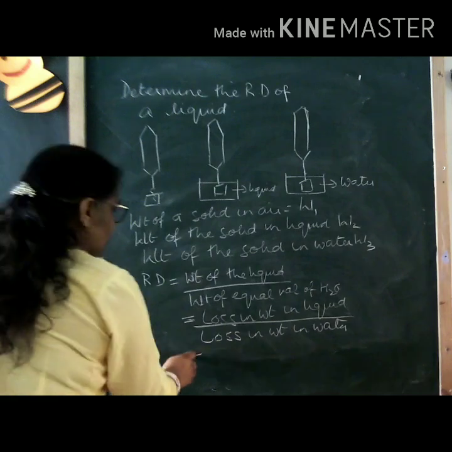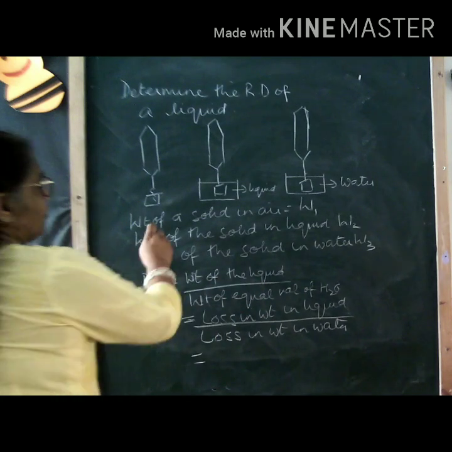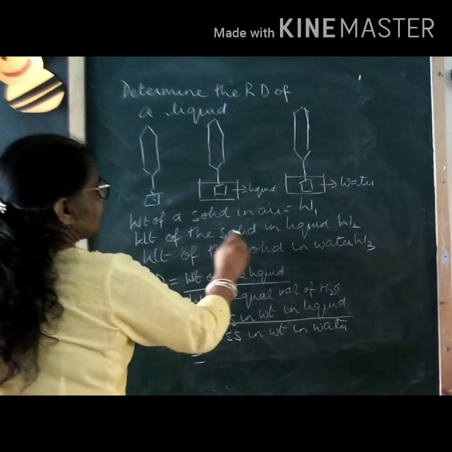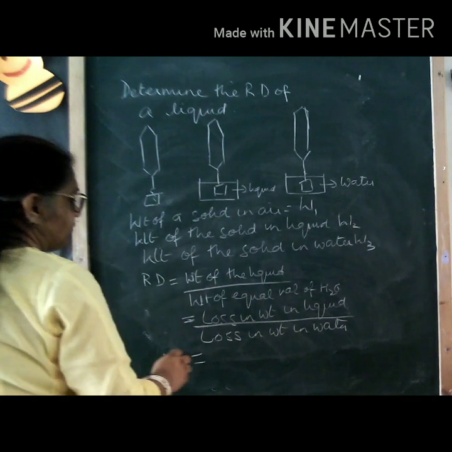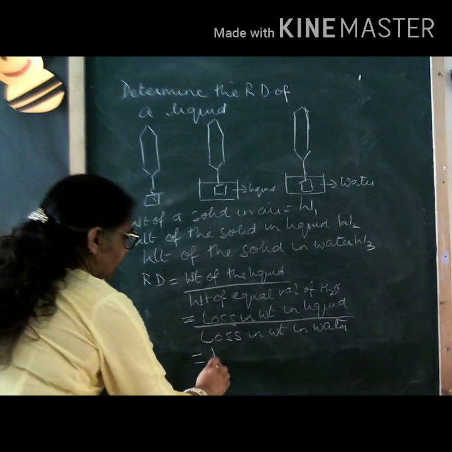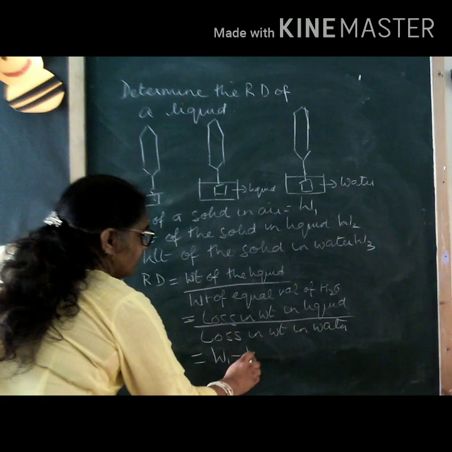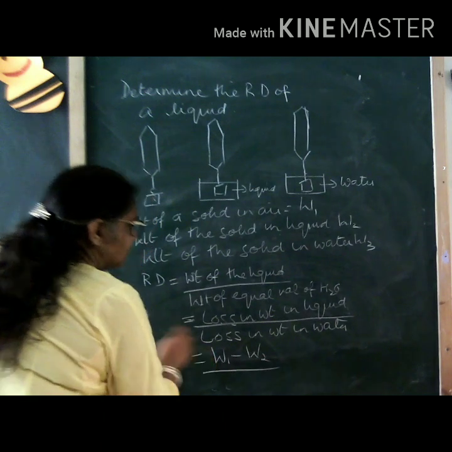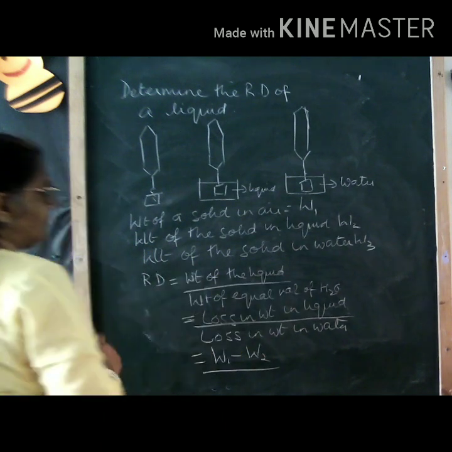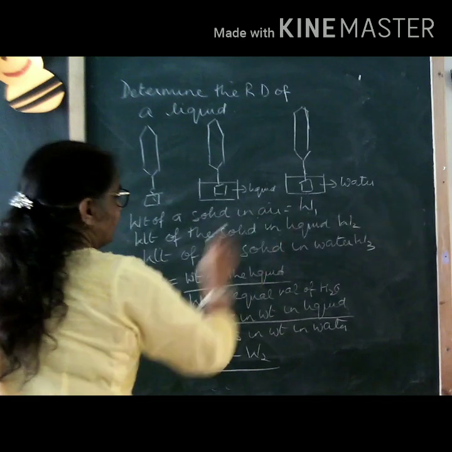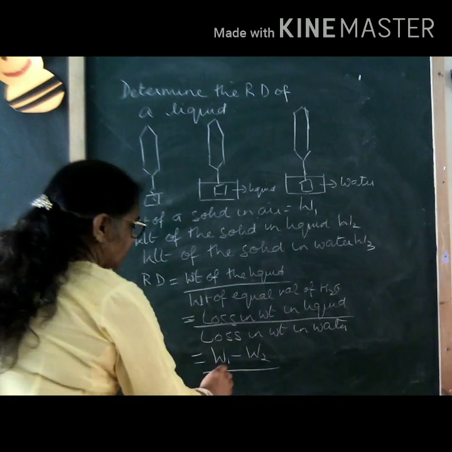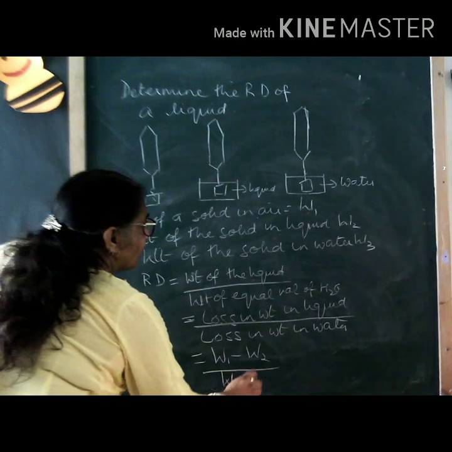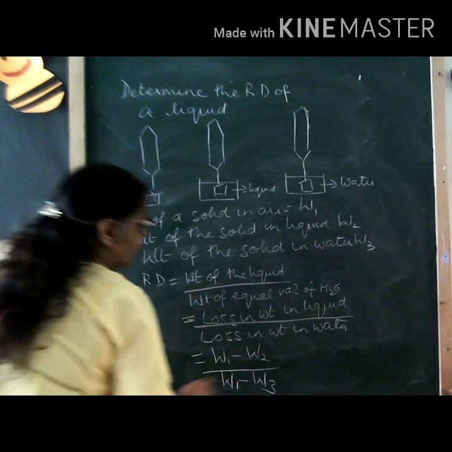This is the weight in air, this is the weight of the solid in liquid. So what is the loss in weight in liquid? It will be W1 minus W2. Next I need the loss in weight in water. So this is the weight of solid in air and this is the weight in water. So I will get W1 minus W3.